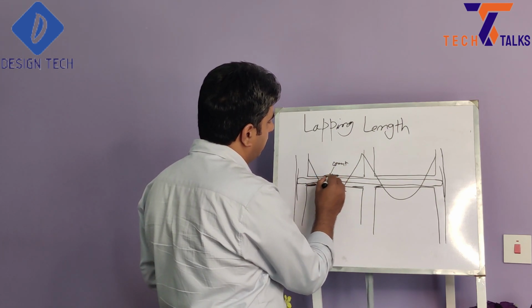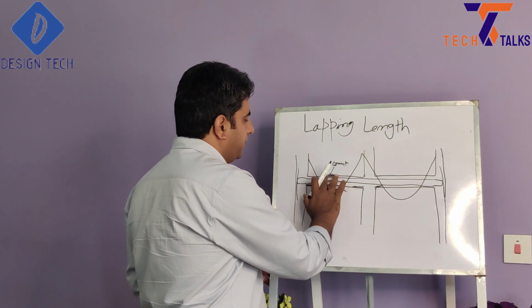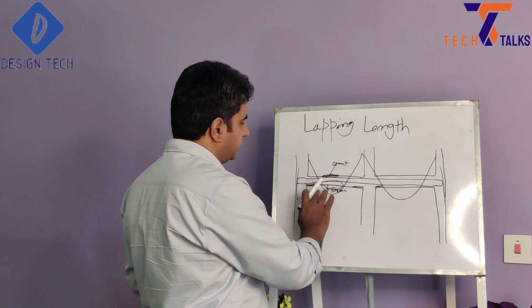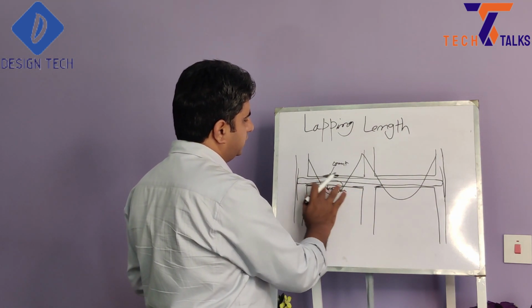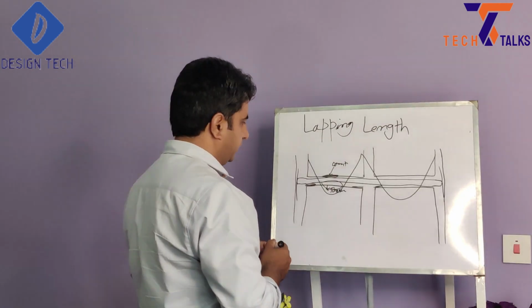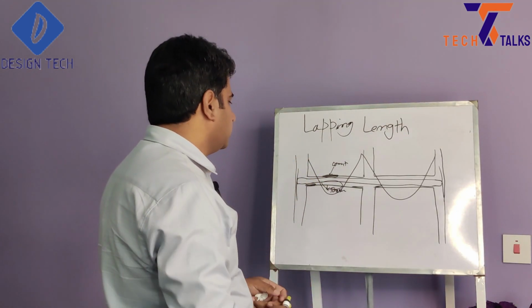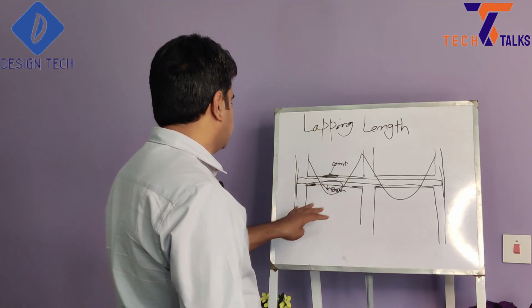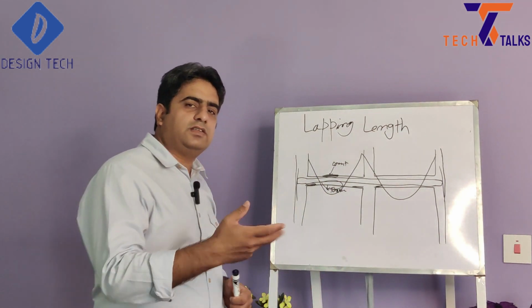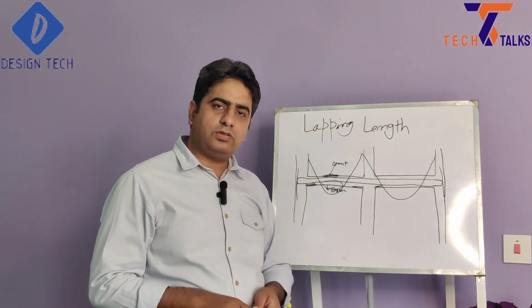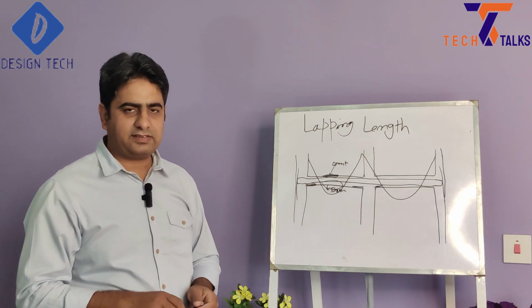This is the location of lapping for top reinforcement, and these are the locations for bottom reinforcement. So we need to select the location something like this. We will discuss the lapping zone in detail in our next vlog.